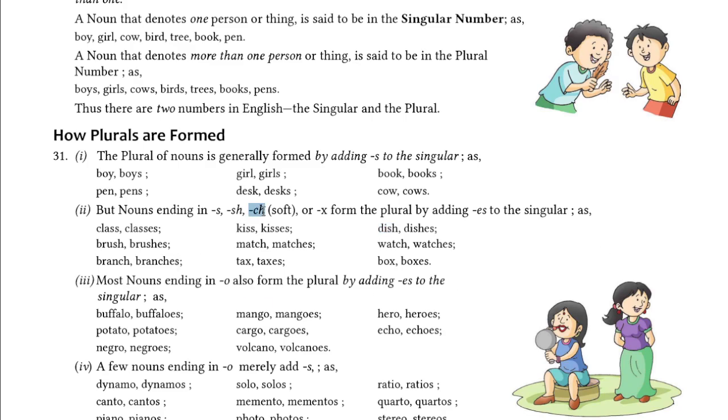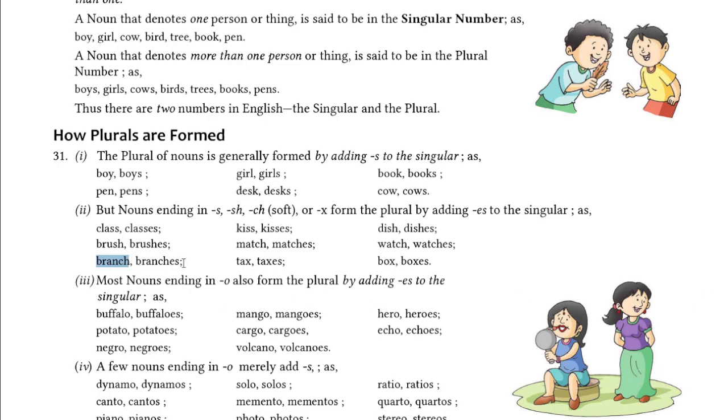A noun which ends in ch and produces a ch sound. Ch is soft. In some words, the ch combination produces a k sound, which is hard. In some words, it produces a ch sound, which is soft. Now, words which end in ch and in a ch sound, we would again add es to form their plural.